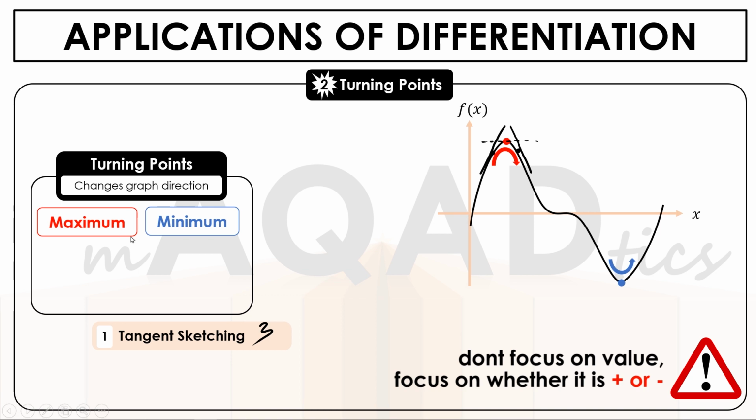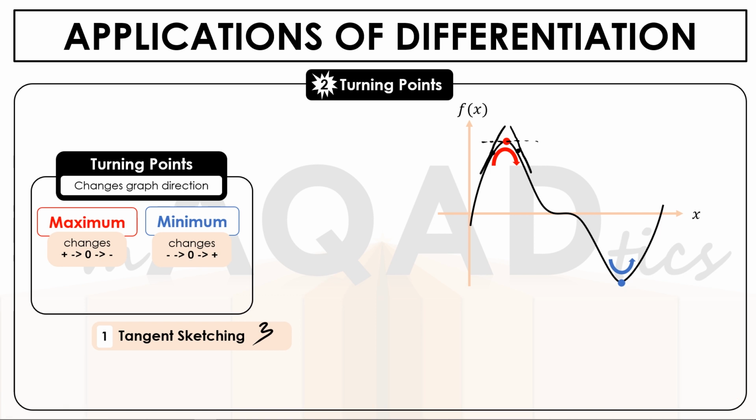For maximum, it will be positive. Positive means goes up. Zero, later I'll explain why. Negative is goes down. So up, 0, down, which is a maximum point. For minimum, it will be the other way around. Negative, meaning goes down, 0, then positive, meaning goes back up.